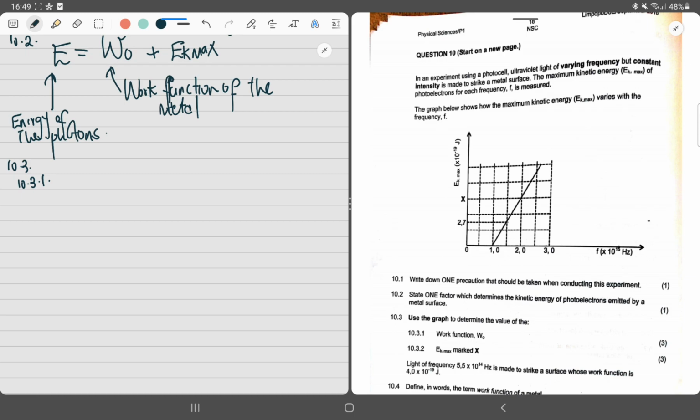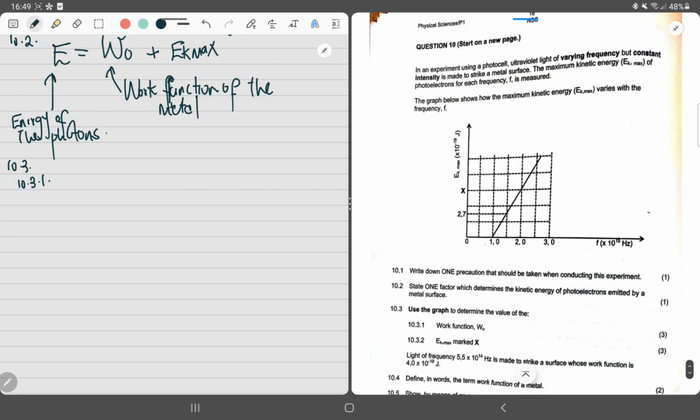It means that when the energy supplied by the photons is less than the work function, you will not have any kinetic energy. When the frequency is 1, to the right of the graph, that's where we will have some kinetic energy, which means from 1 to the right, that's when the electrons will begin to move. That can only mean that 1.0 is the threshold frequency.